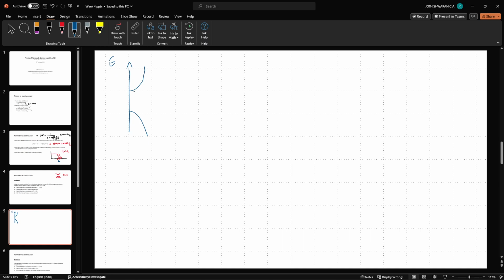And this is my energy axis. I'm going to call this energy EC and this is EV. So this is the band edge energy of the conduction band. I'll just write here C is the conduction band, and V is the valence band.